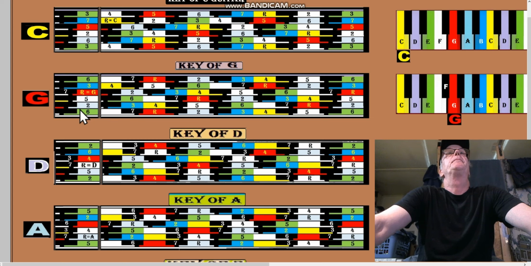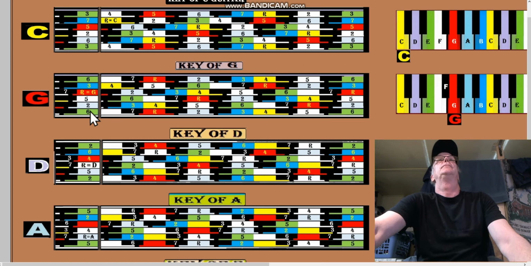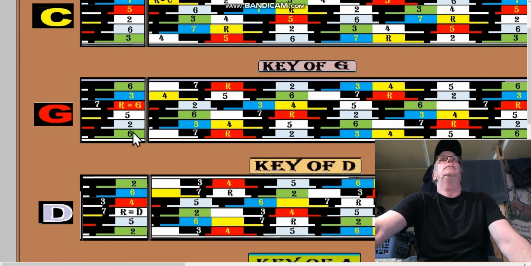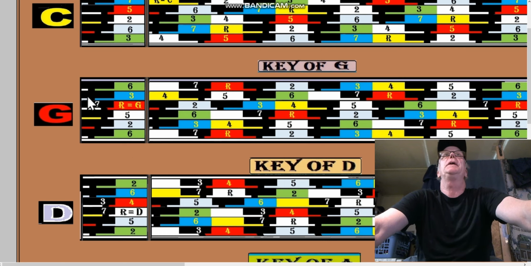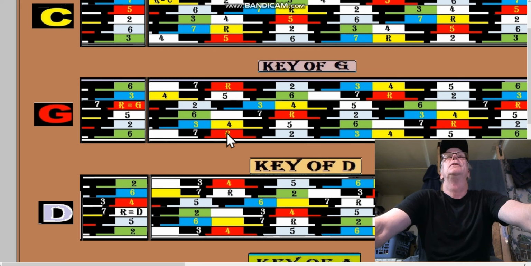Okay, here's the way the numbers add up in the C box. We have the 7 that is unplayable unless you do this 7. I found a nice way to do it, if you want to use the patterns: 6, 7, root, 2, 3, 4.